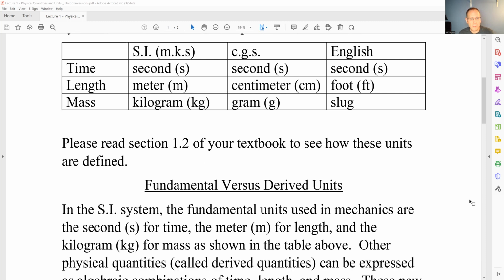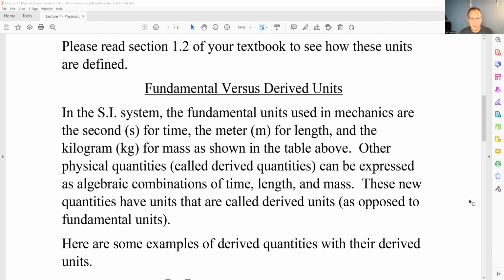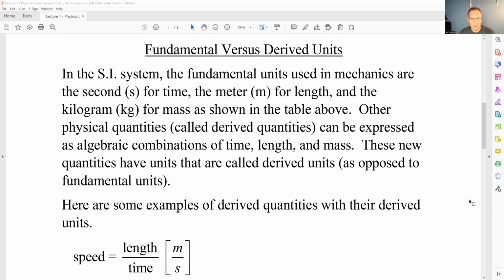Okay, let me first give you the difference between what's called fundamental versus derived units. So again, in the SI system, just what we observed from that table above, the fundamental units used in mechanics are the second for measurement of time, the meter for the measurement of length, and the kilogram for the mass.